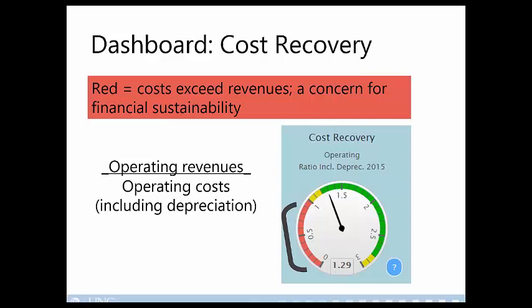We include depreciation in our calculations because we want utilities to be able to plan for future expenses, and they may look like they're doing better than they actually are if we don't include depreciation in that calculation. So red means you're basically not making ends meet. And the way we calculate that is just by dividing the revenues and the costs.